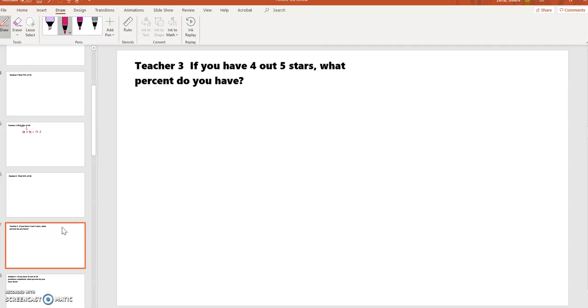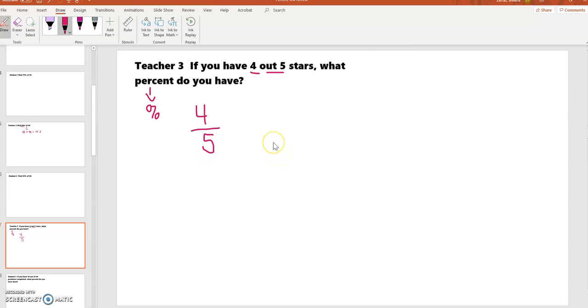Teacher problem number 3. When I read through the question, I immediately notice that this does not give me a percent value. So in this question, we're looking to find the percent amount. We have 4 out of 5, so I'm going to write that in its fraction form, 4 out of 5.